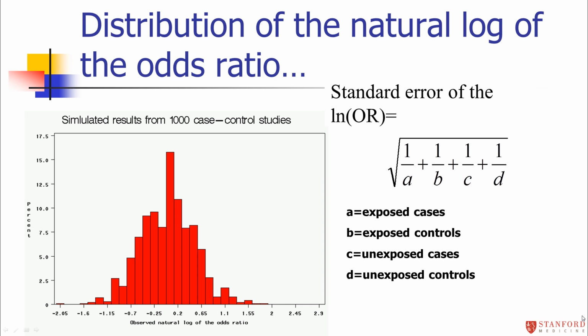In other words, these are the sample sizes of particular groups. And notice that the smallest of those groups is contributing the most to the standard error because it's reciprocals we're looking at here. So that's the standard error of the natural log of the odds ratio. Notice that, like the other standard errors, sample size is very important, and sample size is in the denominator.